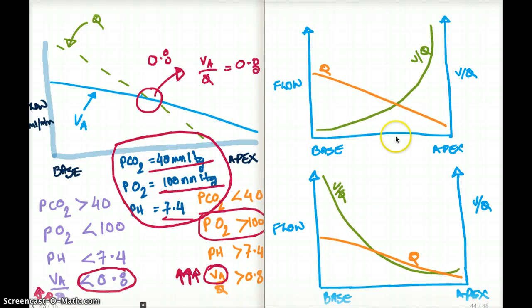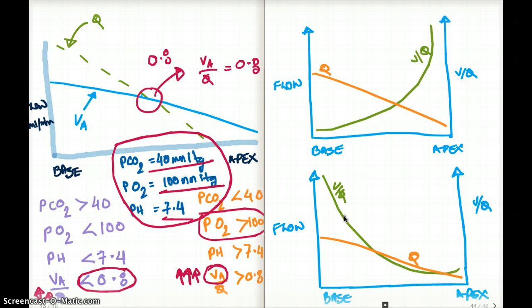Now let's look at these two graphs. These are the two different options that we have. And the question asks which of the following two graphs shows a perfect relationship of blood flow and VQ. Okay, so let's work through it together.